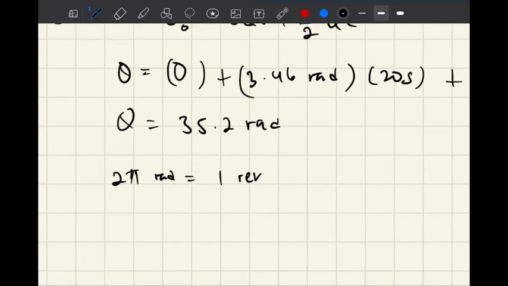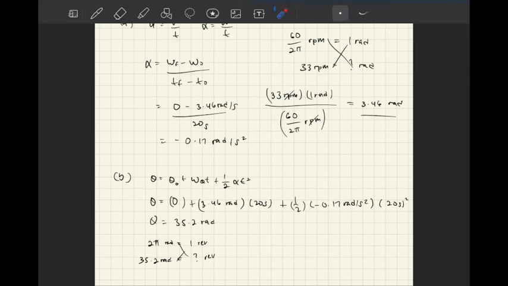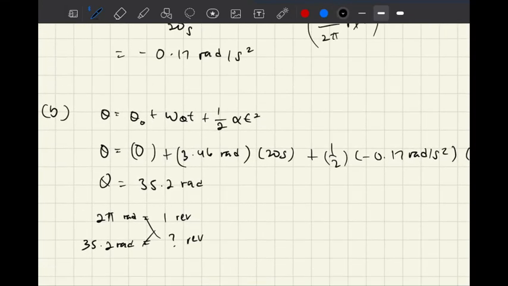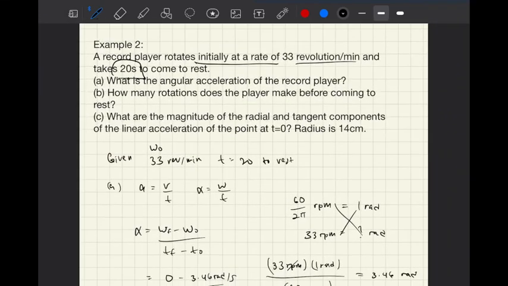We got the answer 35.2 radian, so how many revolutions? We just cross multiply like what we did before. So the answer will be 5.60 revolutions. Just as simple as that.